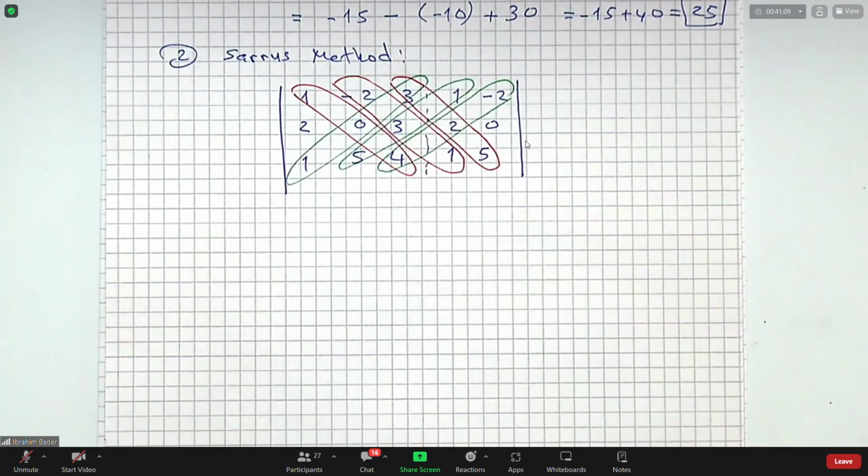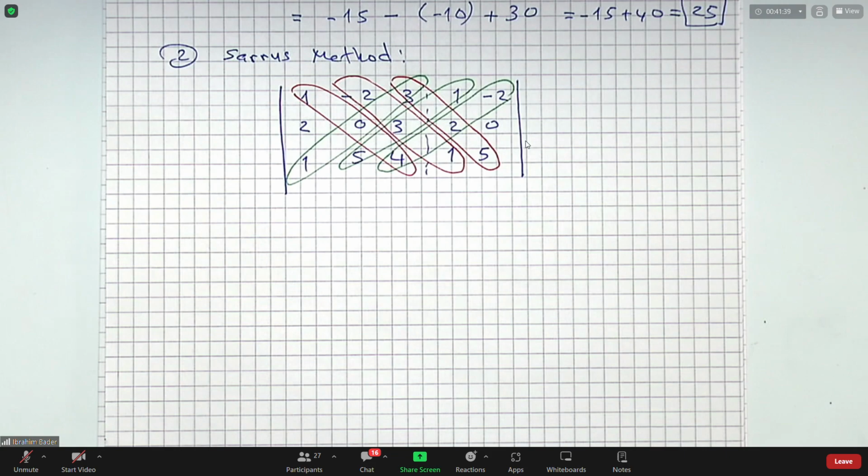Now this Sarrus rule says the following: if I multiply out the elements of this right falling, right up, left down, right up, left down.